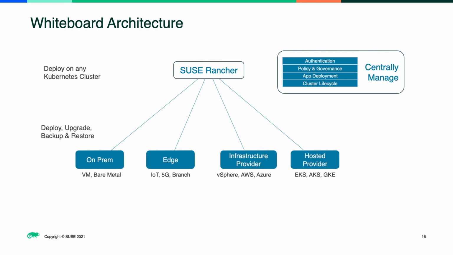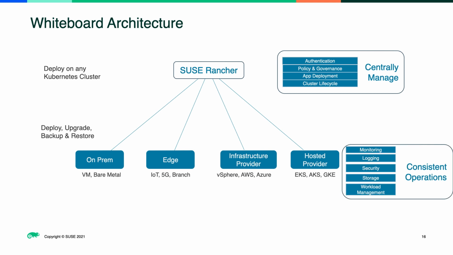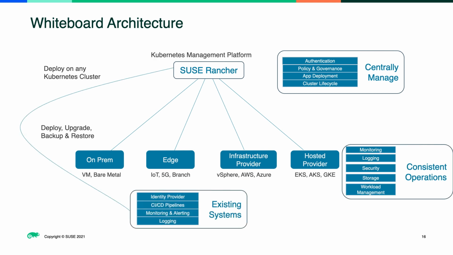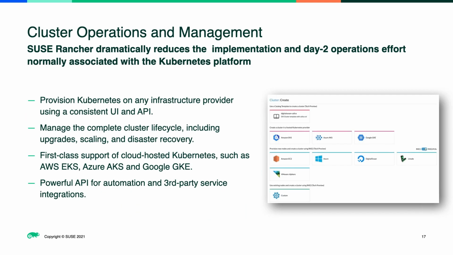Very importantly, SUSE Rancher can also manage the full lifecycle of the Kubernetes environments provided by cloud providers such as Amazon EKS, Microsoft Azure AKS, and Google GKE. Whether it's in the data center, in the cloud, or at the edge, as long as you build your clusters using a certified Kubernetes distribution, SUSE Rancher can run it.